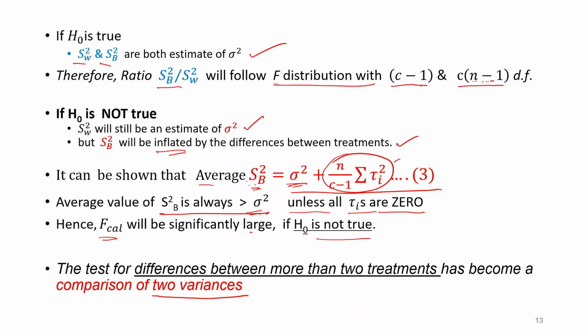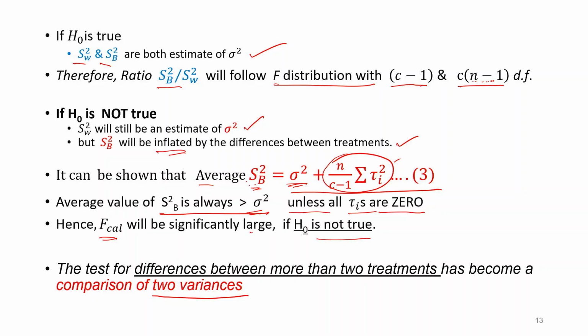That is the beauty of this analysis of variance: when you want to compare multiple means because of different experiments or different treatments, the comparison can be done easily by comparing the variances calculated in two different ways.